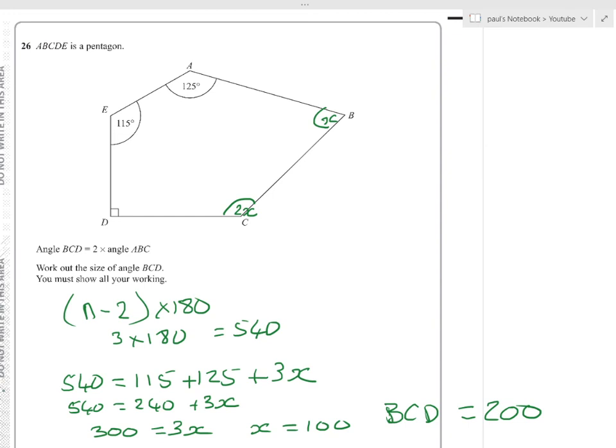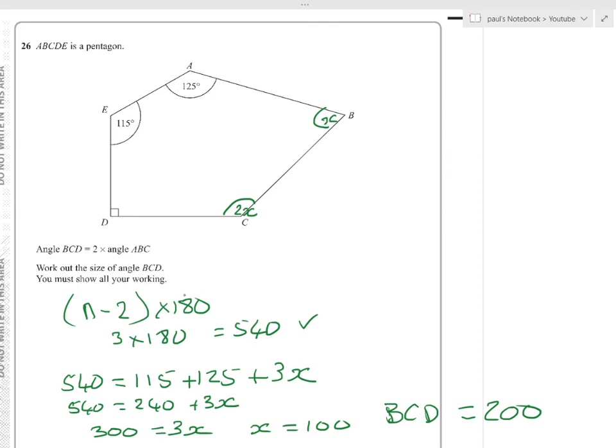Pentagon. 3 times 180. I got that. I got that all right. So the sum of the interior angles is 540. Okay.